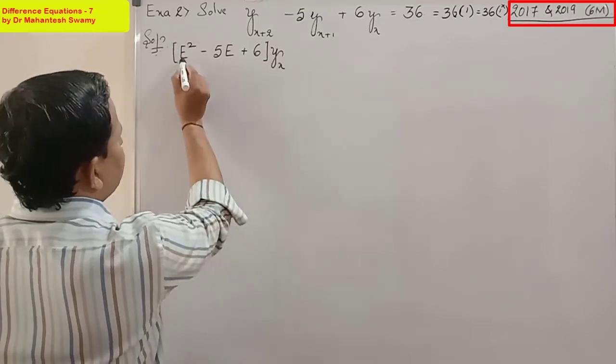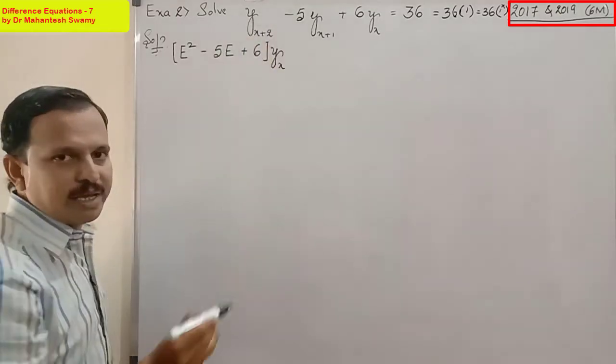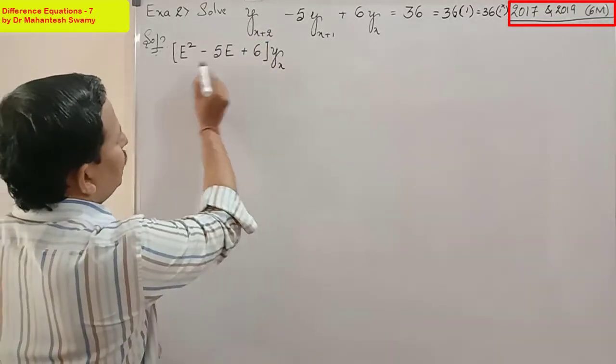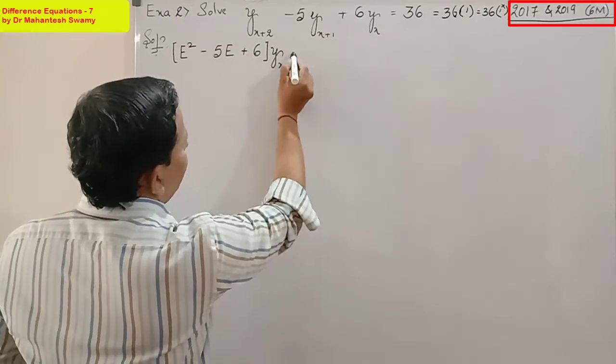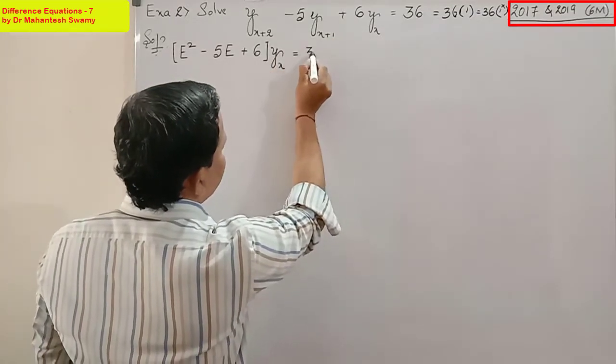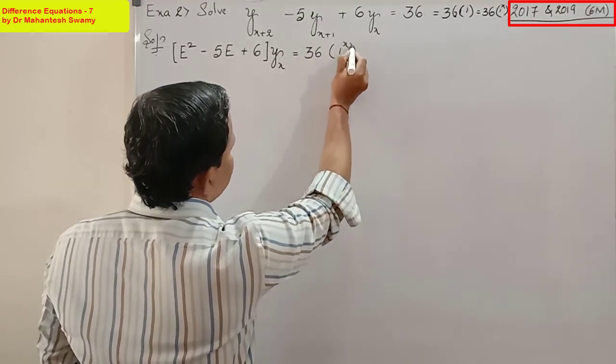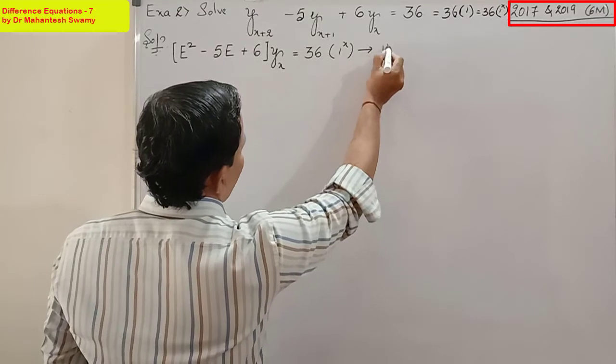We all know E square y(x) is nothing but y(x+2), and E y(x) is nothing but y(x+1). So we have this in place of this, and on the RHS, let us write 36 as 36 into the bracket 1 to the power x. Let us call it equation number 1.